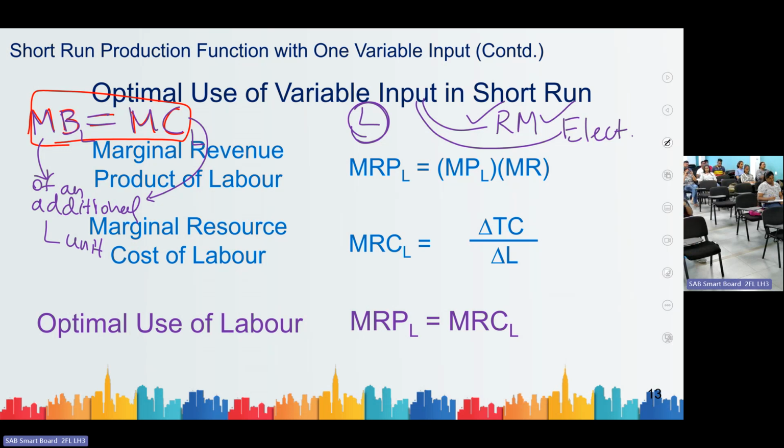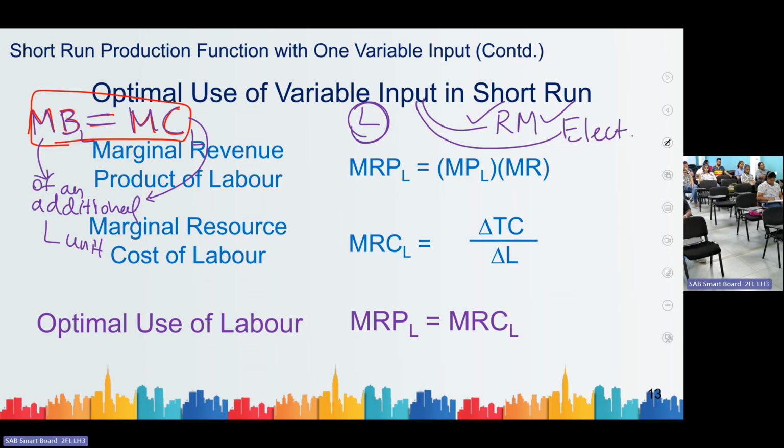Marginal benefit of labor means the additional benefit that the firm gains by employing one additional unit of labor.